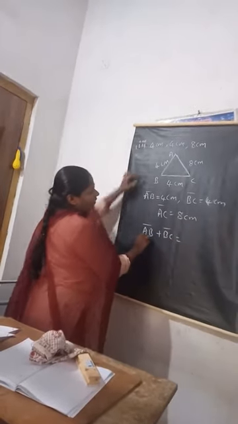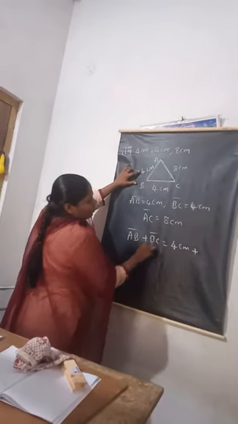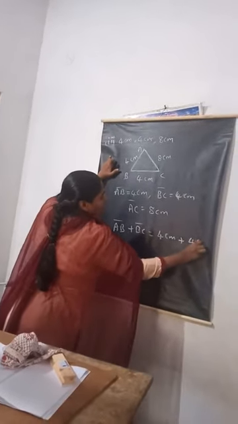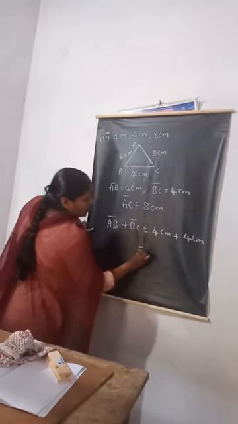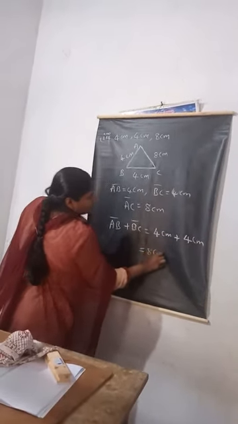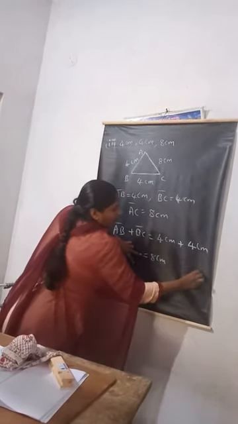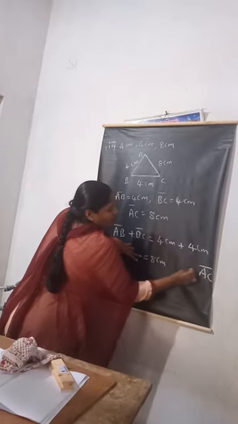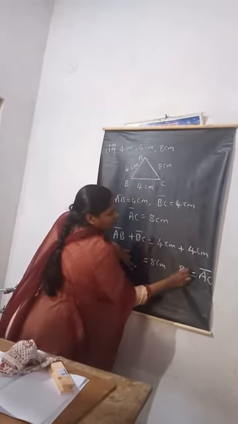What is the measure of AB? 4 centimeters. What is the measure of BC? 4 centimeters. The sum of these two numbers, 4 plus 4, is 8 centimeters. What is the third side? AC. What is the measure of the third side? 8 centimeters.